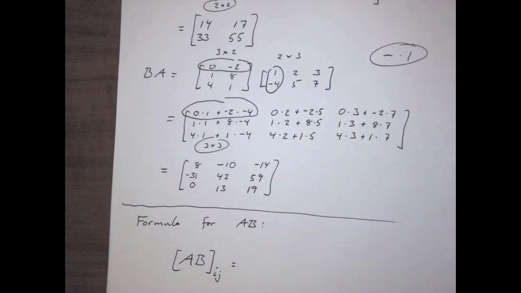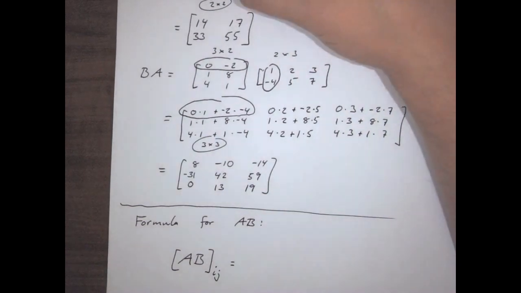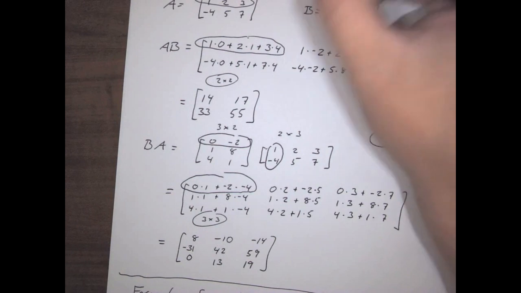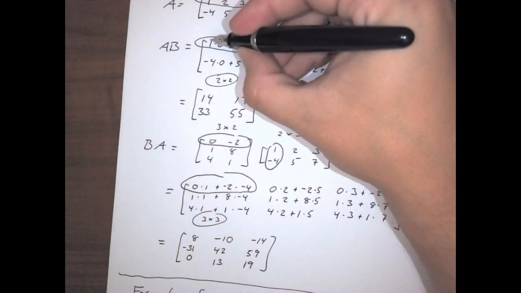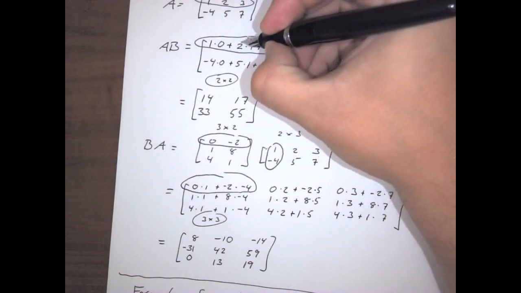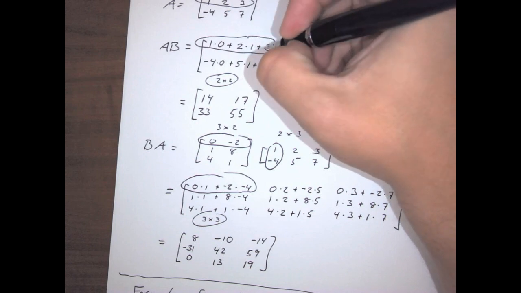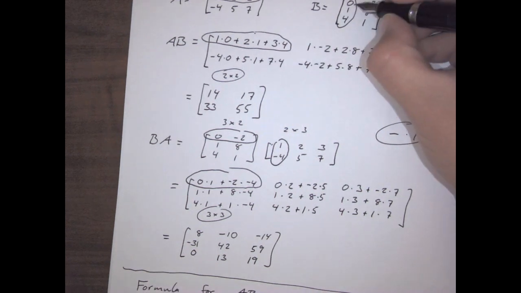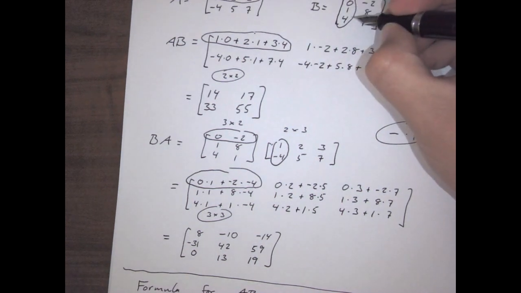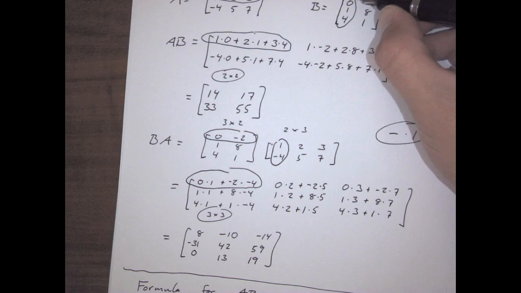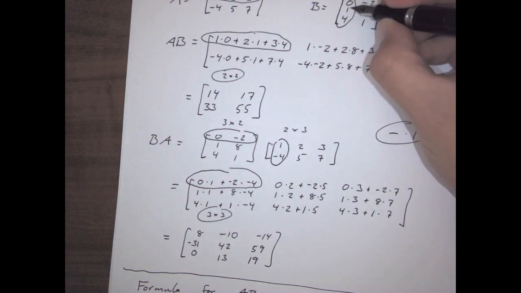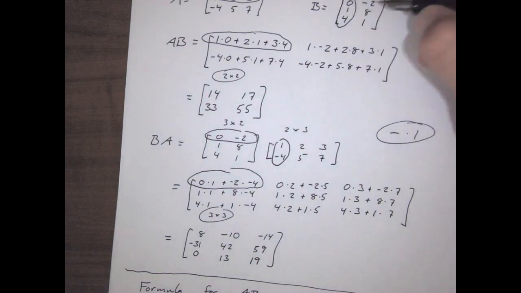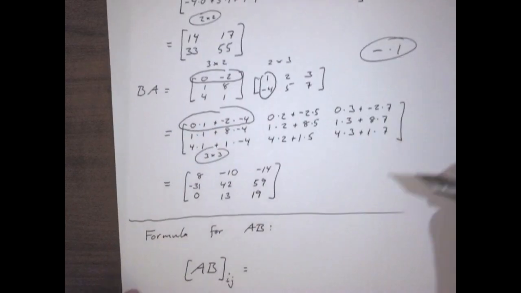And if we look at what we took to make this, it was all of the entries of the first row. So this would be A11, A12, A13. And multiplied by the entries of the first column of B, and so that's going to be B11, B21, B31.